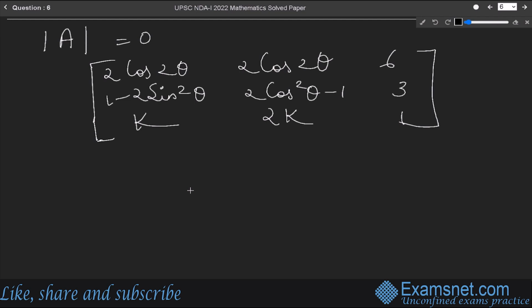We have to find for what value of k this matrix will be singular.